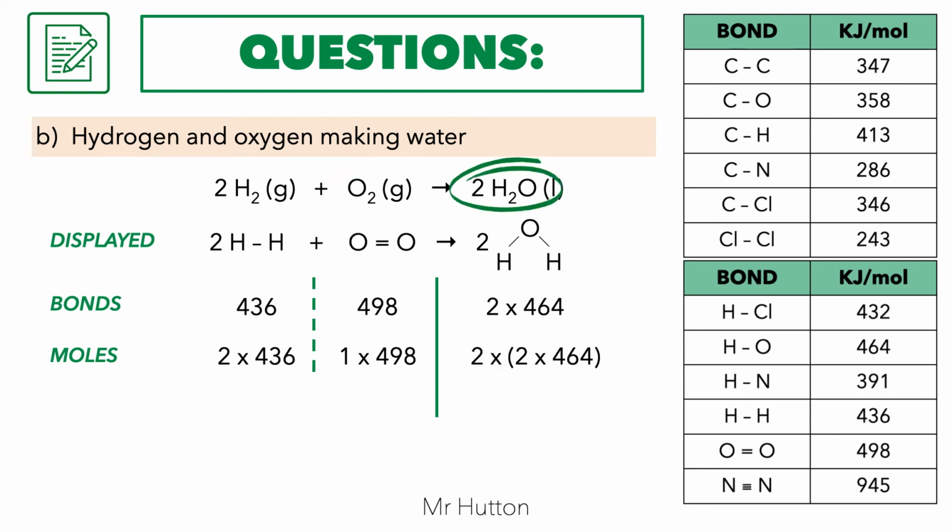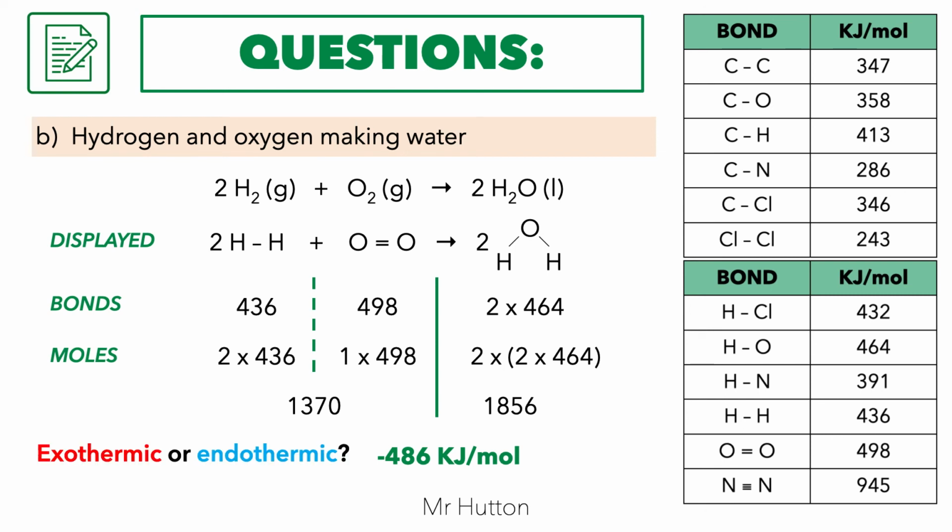So we calculate those values out to give us 1,370 minus 1,856 to give us minus 486 kilojoules per mole. Again, this will be exothermic as it's a negative delta H value, and this is because the energy needed to break the bonds is less than the energy released when the new bonds form.